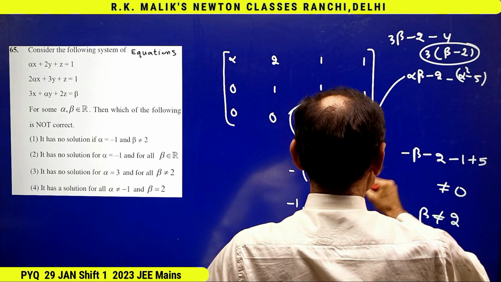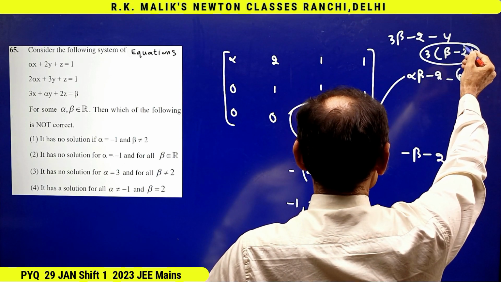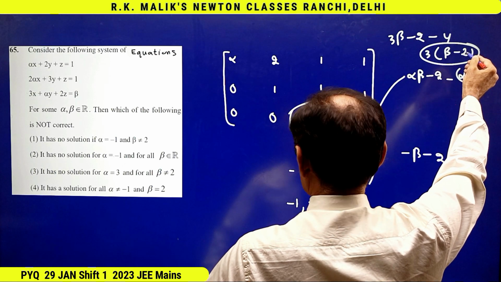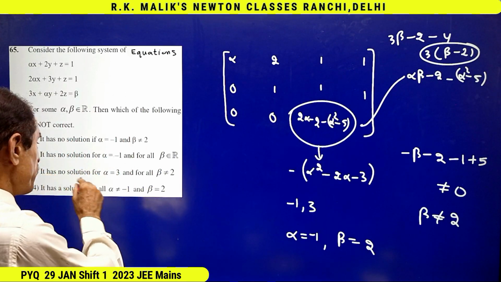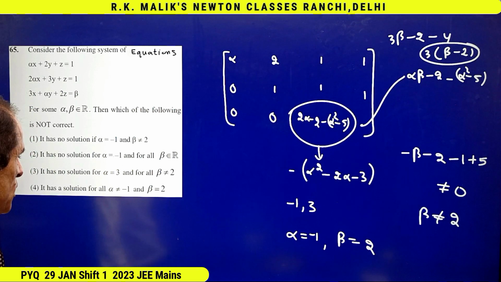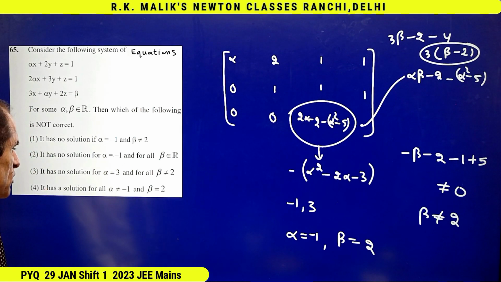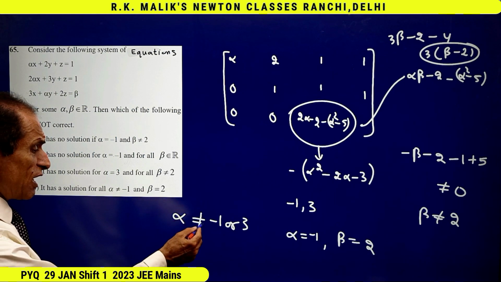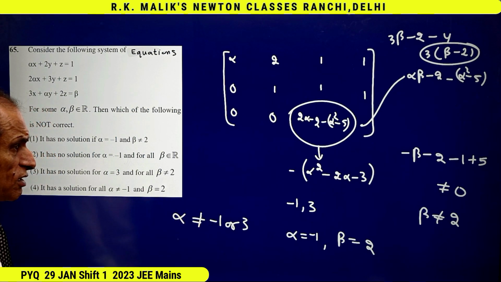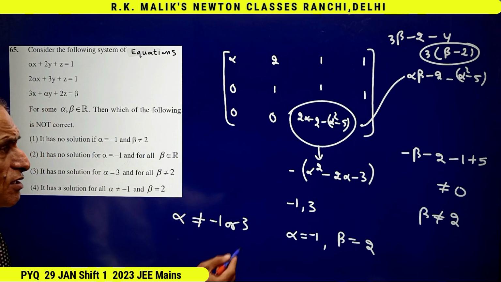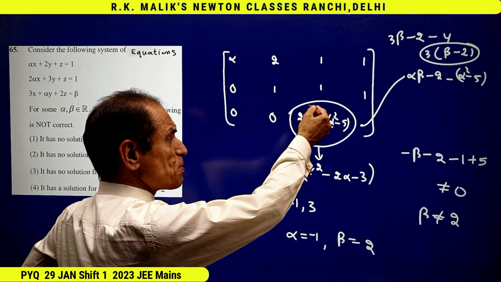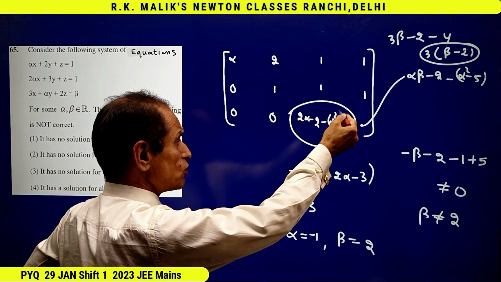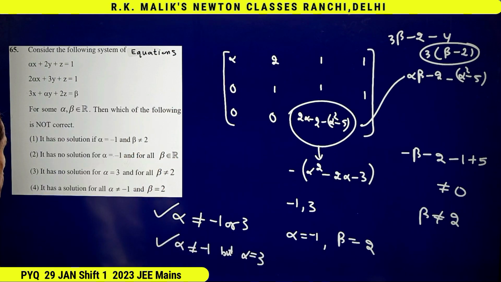If alpha is 3 and this is also 0, then infinite solutions are there. Hence, the information of third choice is correct, and the information of fourth choice is also correct. If alpha is neither minus 1 nor 3, then it will surely be non-zero, and if it is non-zero, a unique solution is there. That is, second choice is the answer, because the information of second choice is wrong.